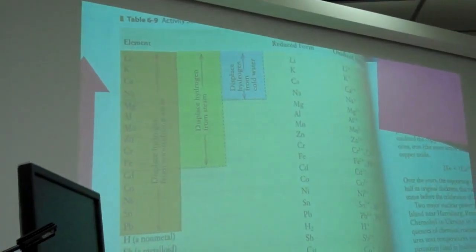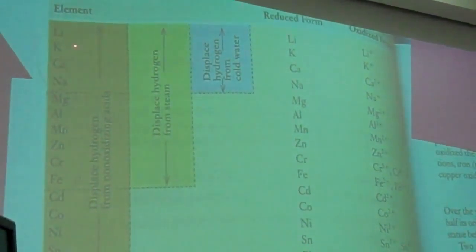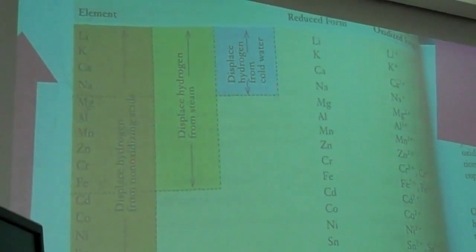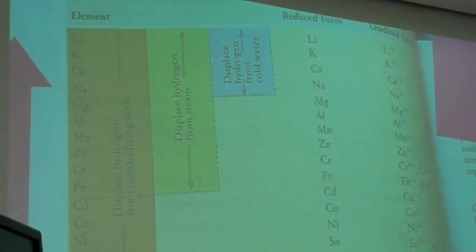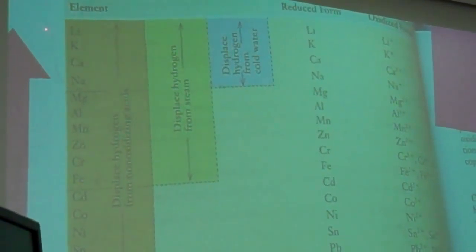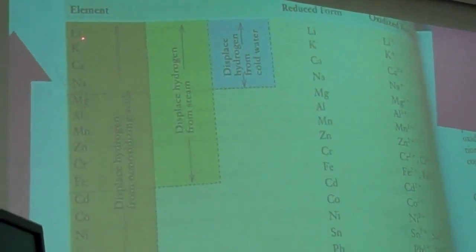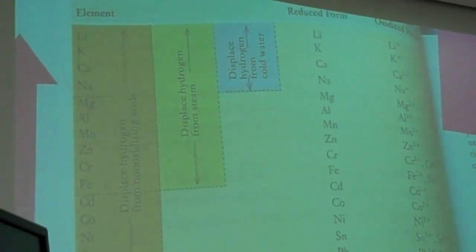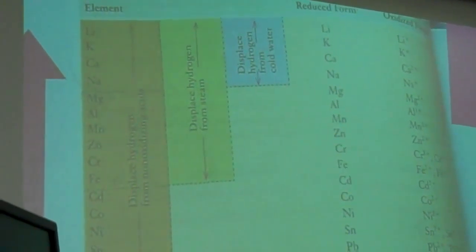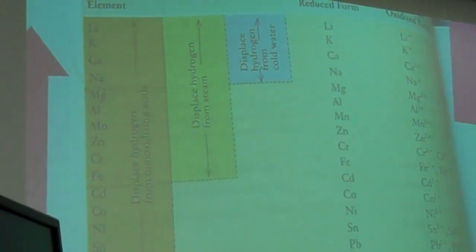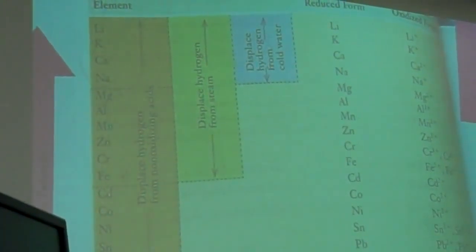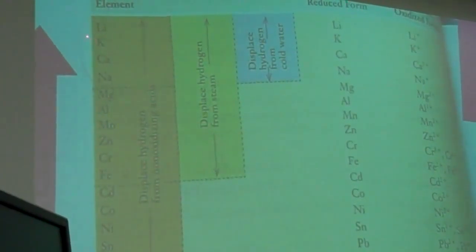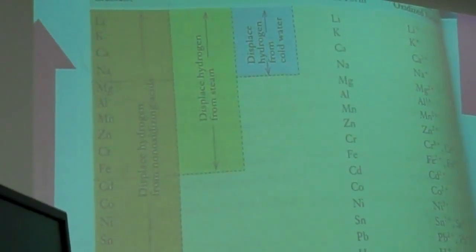Here's how it's used. Your most reactive, and this is under the conditions about room temperature and in aqueous solution, your most active one is up here at the top, lithium. Okay, lithium under these conditions can kick out anybody below it. So the way it works, lithium could kick out potassium or calcium or any of them.